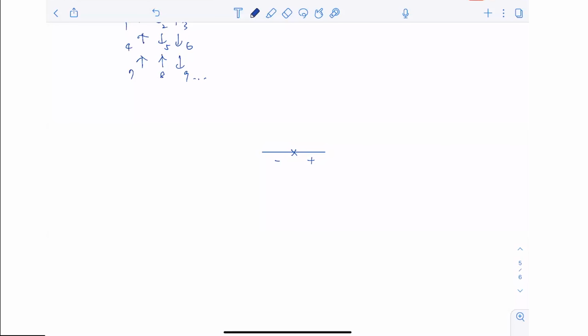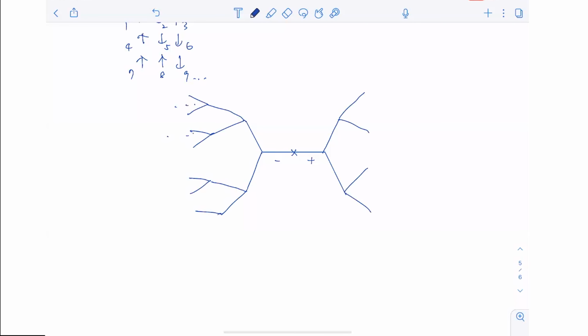Let me try to draw a little bit more to explain why this binary tree is useful to demonstrate the idea that we want to discuss. Maybe I'll just draw another one. So basically, you follow the path, and every time there's a branch of order 2. That's why it's called a binary tree.